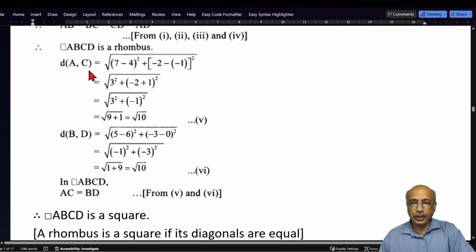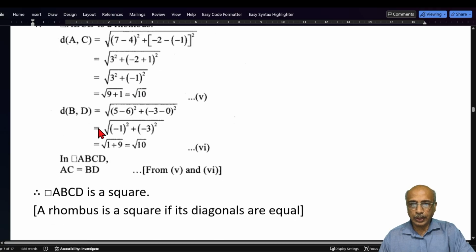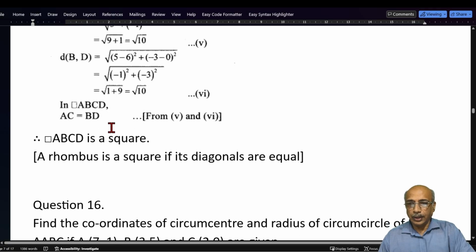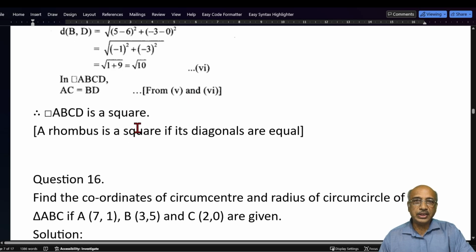So here distance AC equals root 10 and distance BD also equals root 10. In quadrilateral ABCD, AC = BD from equations 5 and 6. Therefore, quadrilateral ABCD is a square. A rhombus is a square if its diagonals are equal.